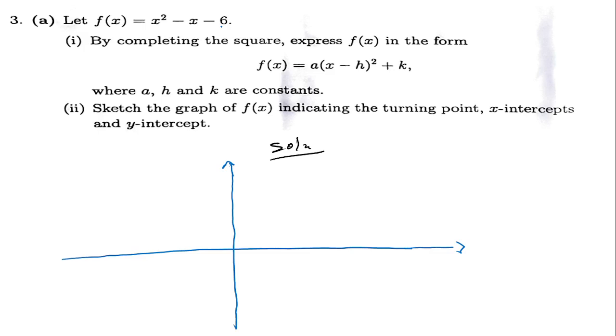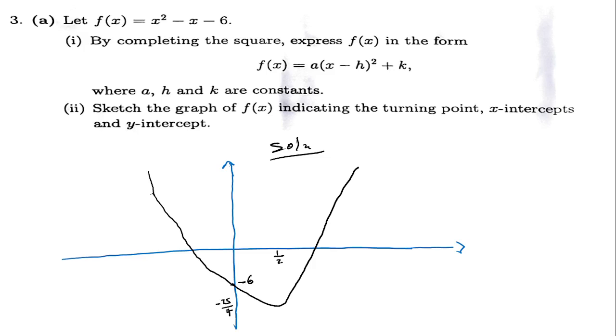So I'll sketch it. It will start from there, go down like that. It will cut negative 6 there, go down, make a turn, and then it goes like that, whereby we have to understand that this is negative 6, this is negative 25 over 4, this is half.